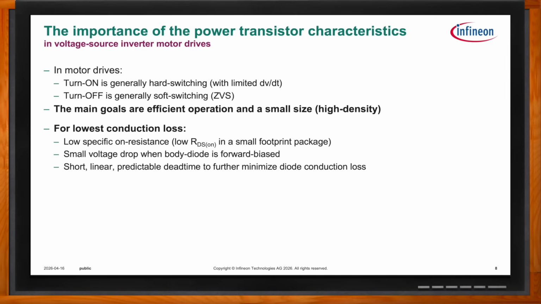And I'll mention this again at the end because GaN has notoriously a larger diode drop than silicon, but we have a unique trick to solve that problem. I should also mention that having a short and linear, very predictable dead time without any intervening diode recovery also is important because it means that I can set my dead time to a very small value and therefore further minimize diode conduction loss. That's conduction loss.